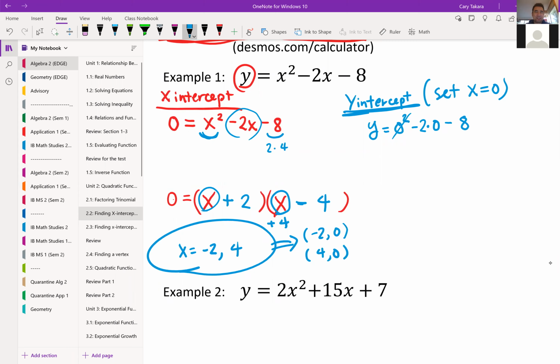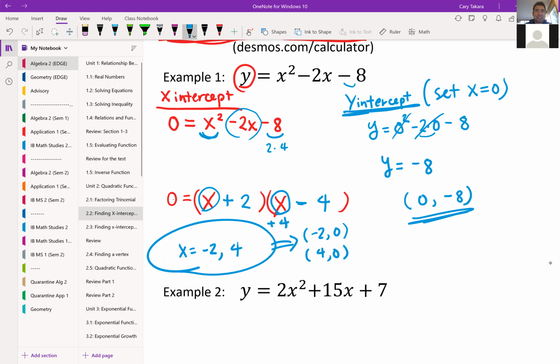That's a 0. What's negative 2 times 0? That's a 0. So what do you have? You're just going to get y equals negative 8, or (0, -8). That will be the y-intercept.